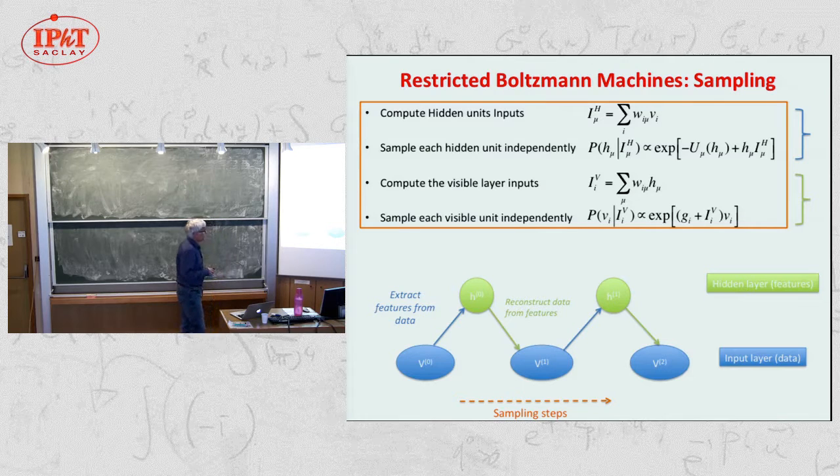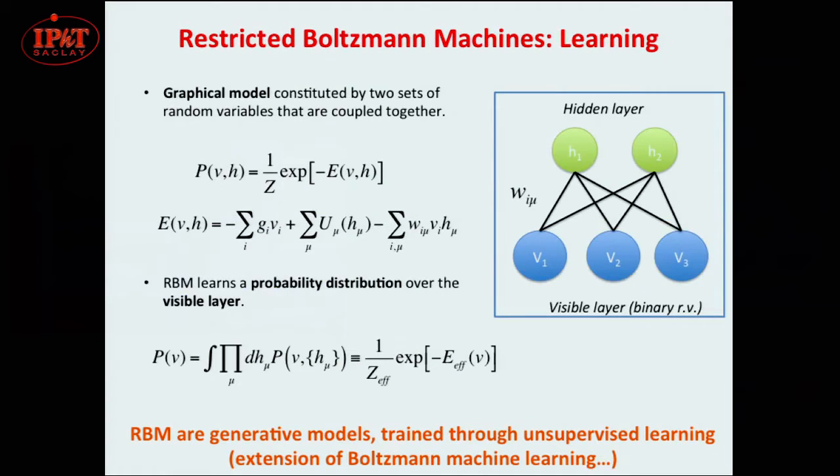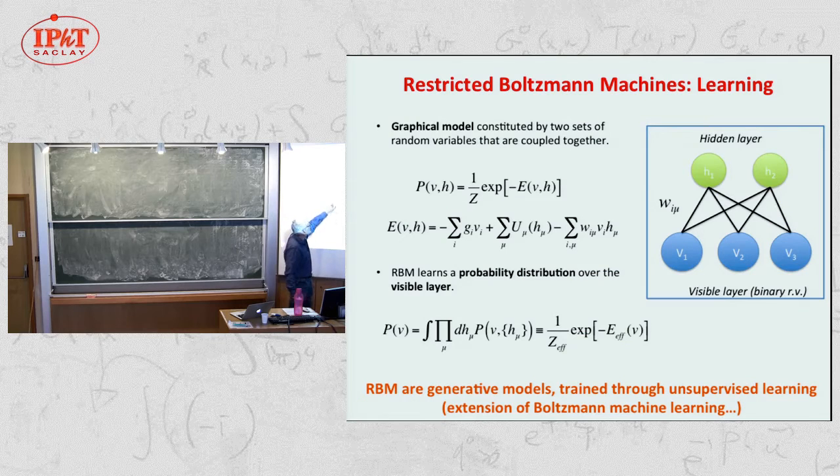Now, how is the machine trained? Of course, we need to find the values of the different parameters. There are many parameters: local fields, some parameters defining the potential, which I will describe in a while, and obviously the connections, which are the very important parameters. We have only data on the visible layer.